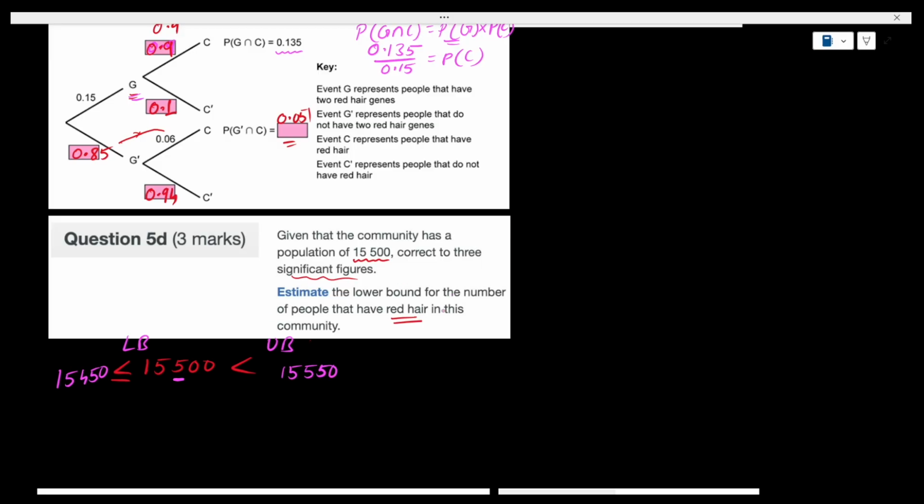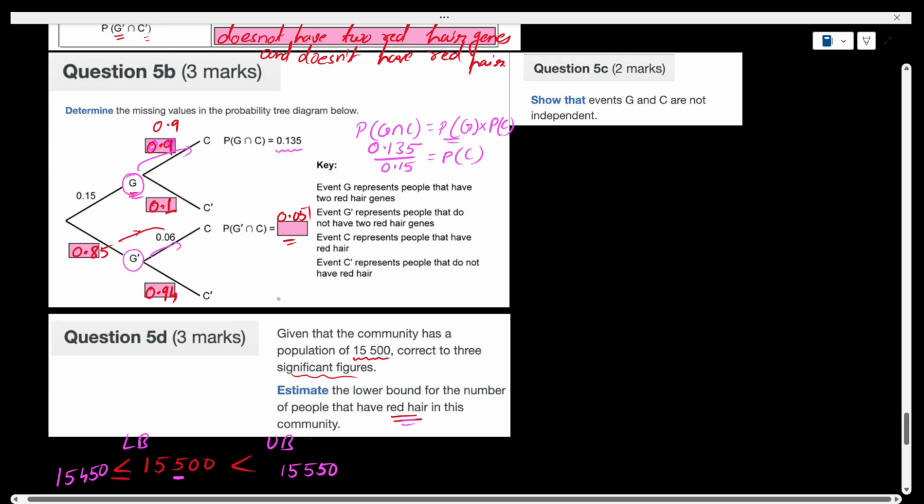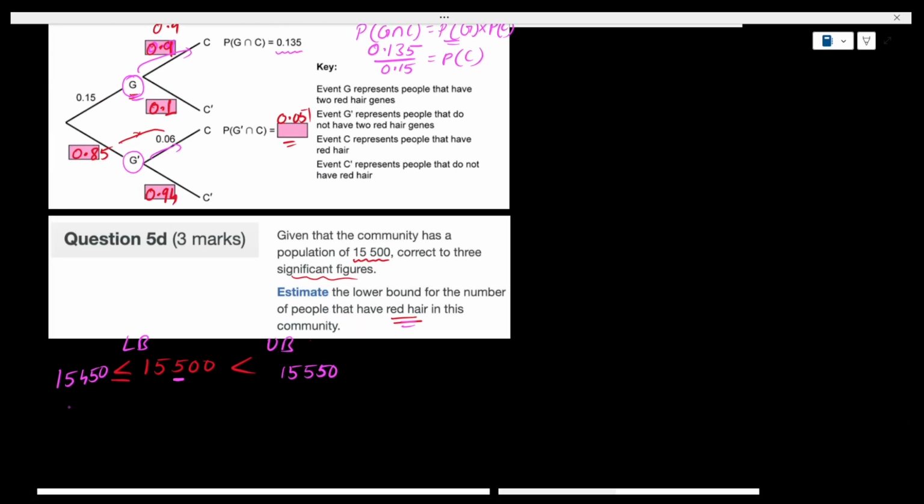Now what is the probability of having red hair? Red hair can be this condition, having two red genes and getting red hair, or not having red genes, still they have red hair. So it can be P(G intersection C) or probability of G' intersection C. Now it is an OR rule, that means you need to add the probability.